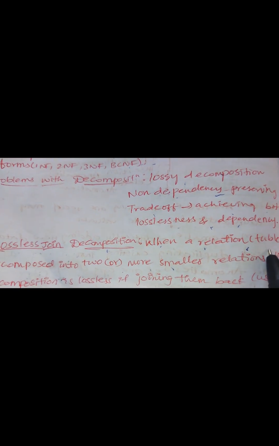Lossless join decomposition: when a relation or table is decomposed into two or more smaller relations, the decomposition is lossless if joining them back using natural join reconstructs the original relation without affecting or losing data.